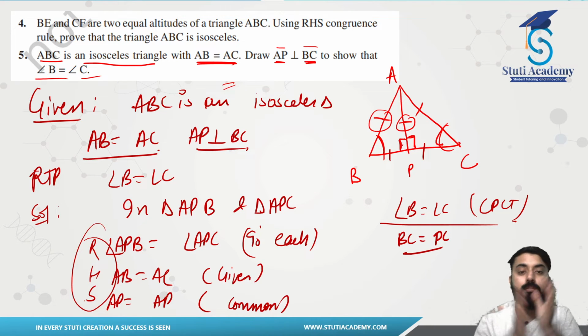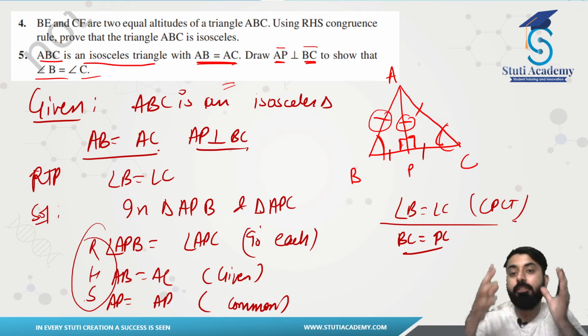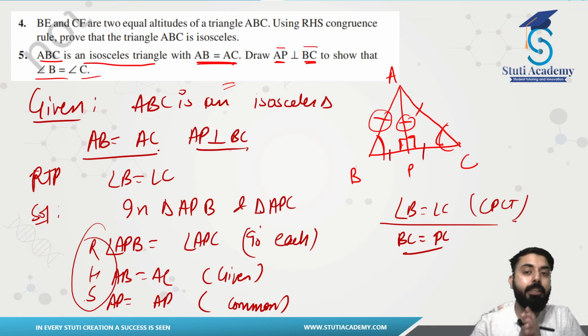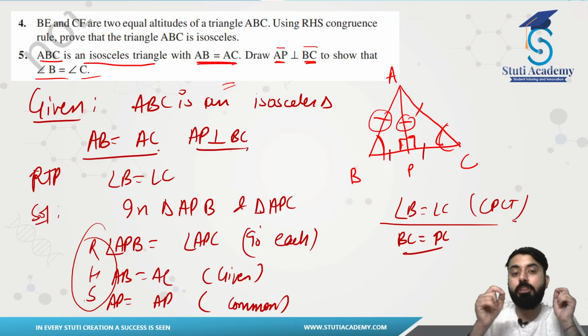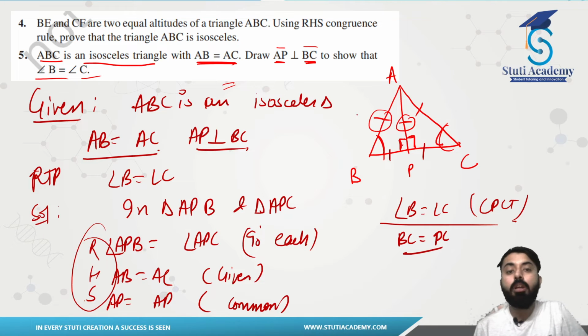If the height is falling on the non-equal side, it will be dividing that non-equal side into two equal parts. So remember, if you have drawn a height or a perpendicular from the vertex which is common to both equal arms, that height will be bisecting the non-equal side into two equal parts, and that will be the perpendicular bisector as well. So this will be it. I hope you guys have understood your exercise 7.3.